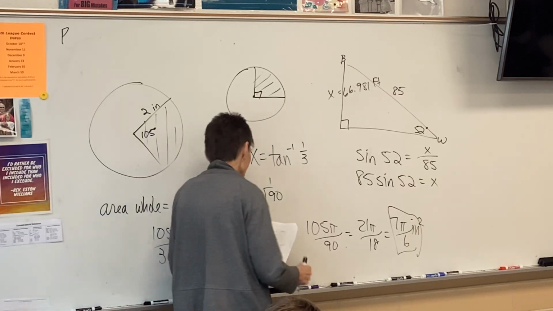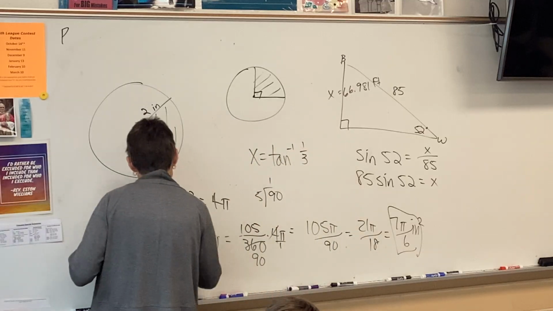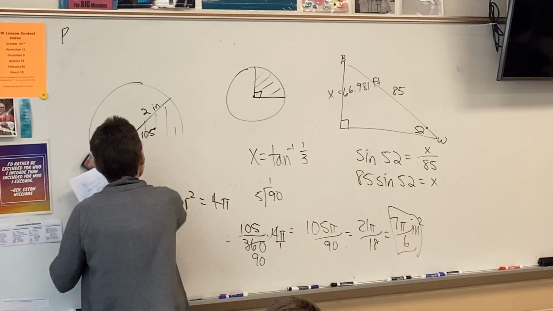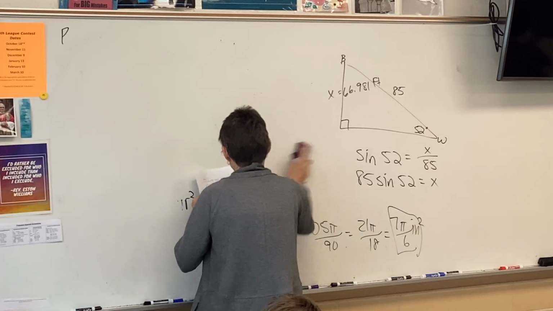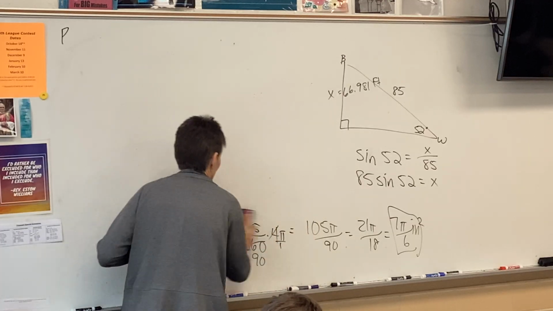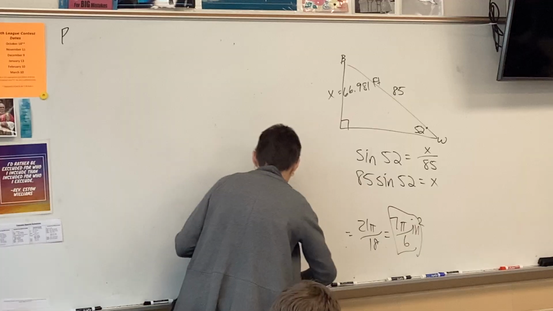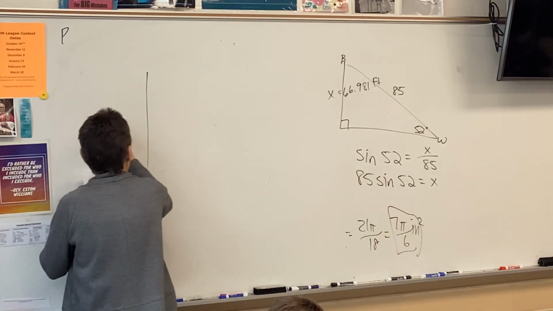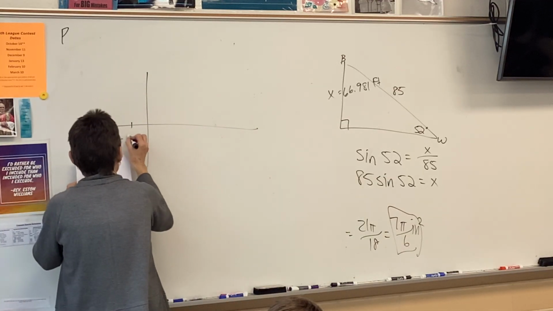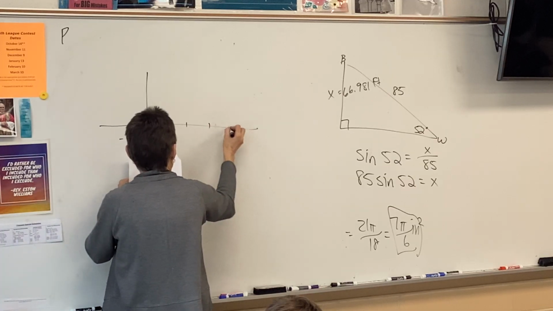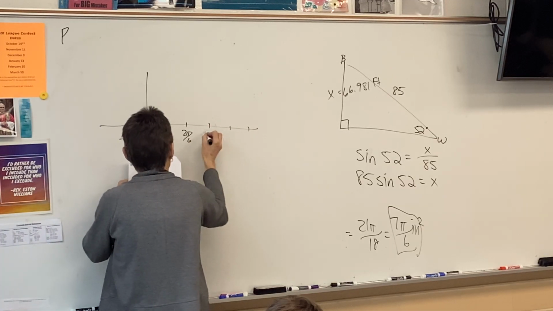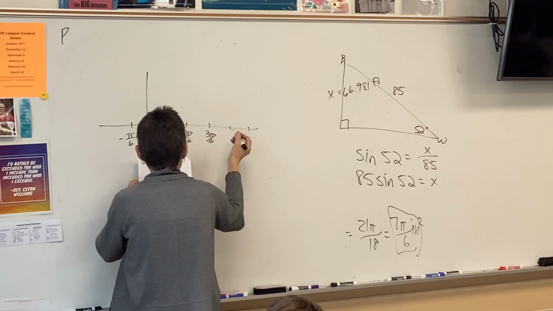Quick review 3. Write a sine and a cosine equation for this picture. All right, so when you look at it, what do you see?